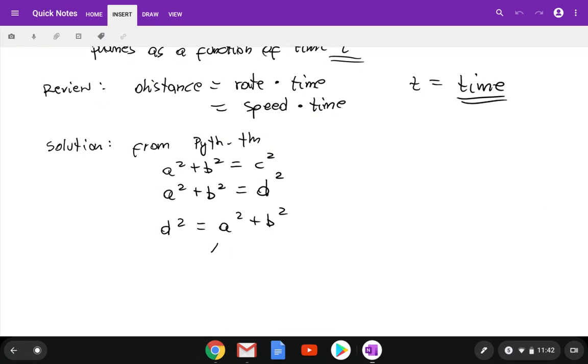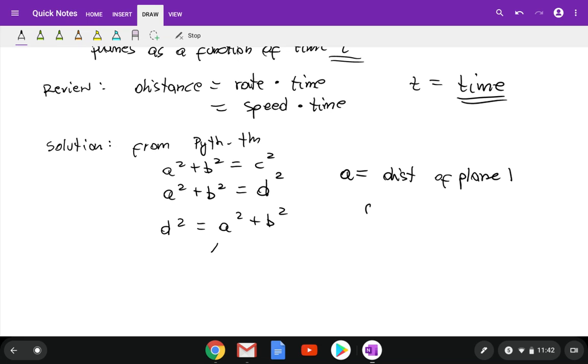So A, again, let's put it here. A is the distance of plane 1 from the point of intersection.